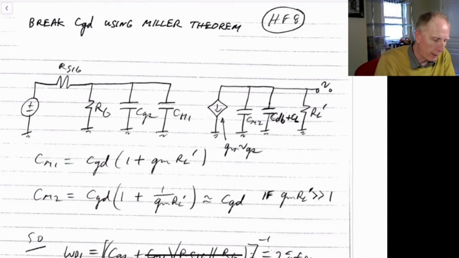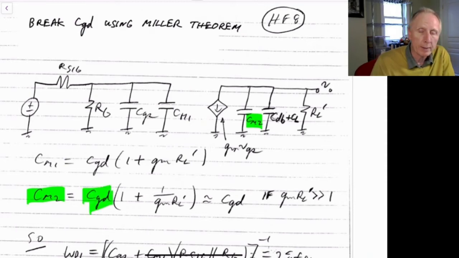On the other side, we have C sub M2, and C sub M2 will be again the gate to drain capacitance, but in this case it'll be 1 minus 1 over K. So 1 minus 1 over K, again the gain is minus gm RL prime, so it becomes 1 plus 1 over gm RL prime.